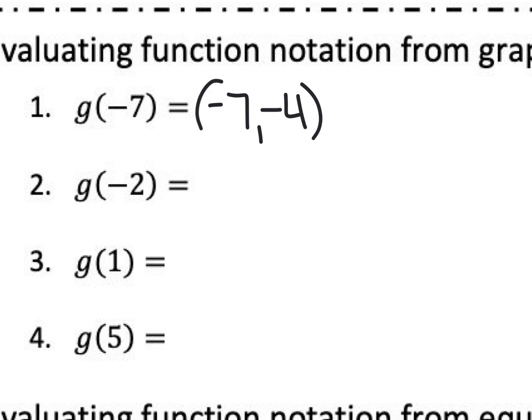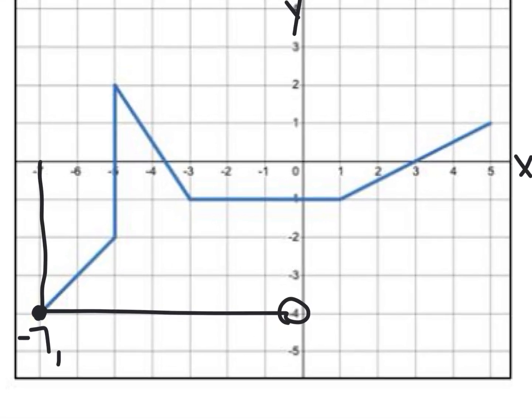Do you want to do one more together, or you want to try this next one by yourself? Do one more together because it's new? All right, so what does this G of -2 mean? G of -2, what does that mean? Yes, x is -2. So if you wanted to just write it as a coordinate, you could. X is -2. So look at your graph. Where is -2 on the x-axis?